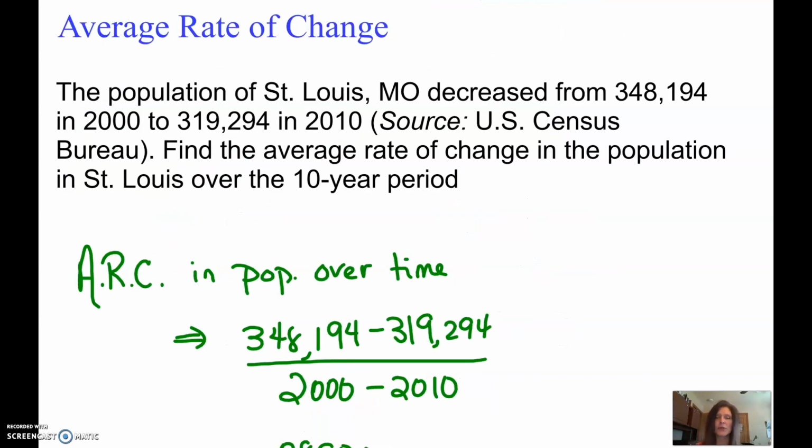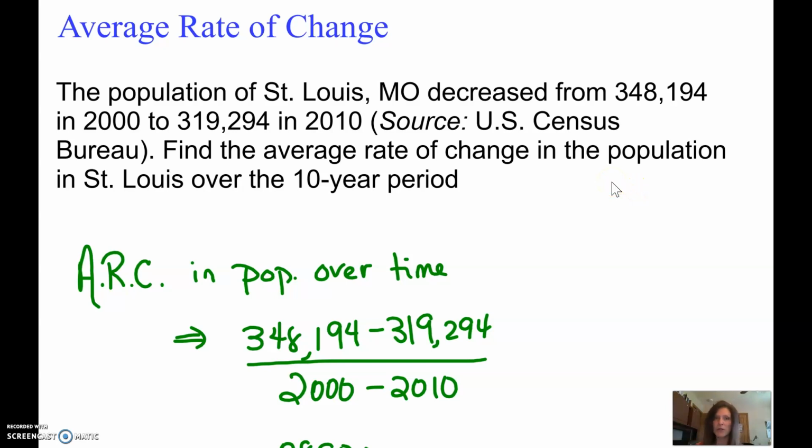One last thing about slope. Slope can be used practically to tell us an average rate of change. So when you hear any problems asking you to find the rate of change, they're really just asking you to calculate a slope. They're asking you to calculate the ratio of the change in one variable to the change in the other variable. So in this particular problem, I have the population in St. Louis City in 2000 and in 2010, and I'm asked to calculate the average rate of change.